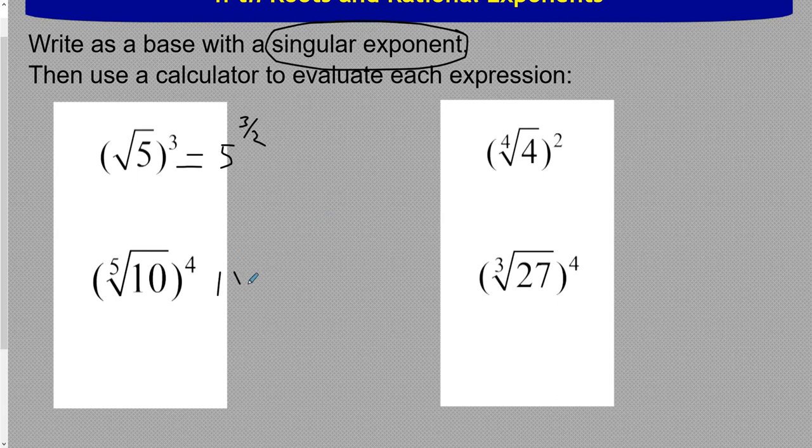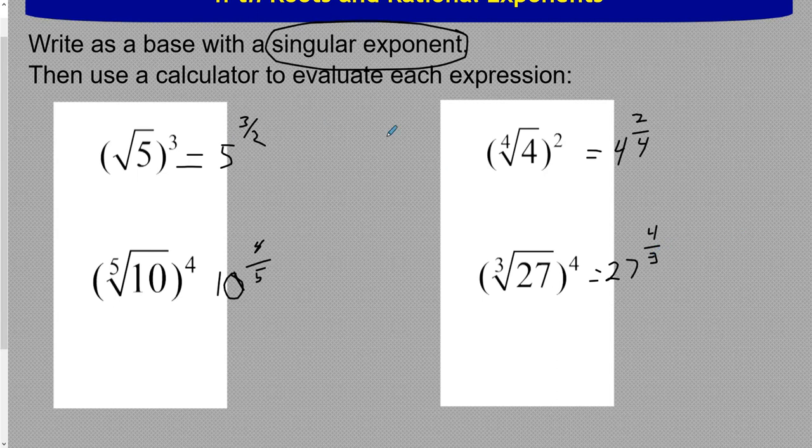This one would be 10 to the 4/5. This would be 4 to the 2/4. This would be 27 to the 4/3.